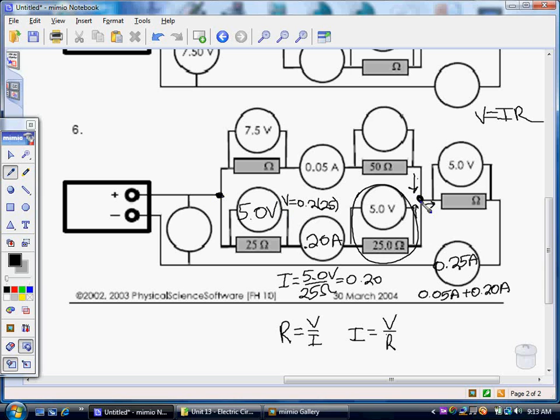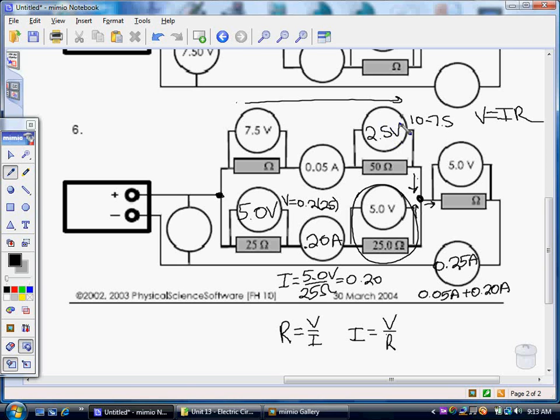All right, so the entire voltage across this top part is going to be equal to the voltage across the bottom leg of the parallel circuit. So on the bottom, we have a total of 10 volts, which is going to be 5 plus 5. On the top, we have 7.5 volts, which leaves us with, for this other voltmeter, 10 minus 7.5 is going to be 2.5 volts. Now the voltage across the entire top is 10. The voltage across the entire bottom is going to be 10.